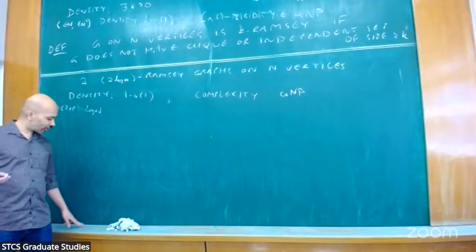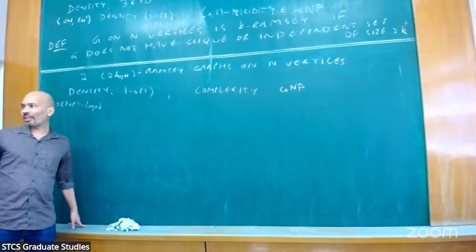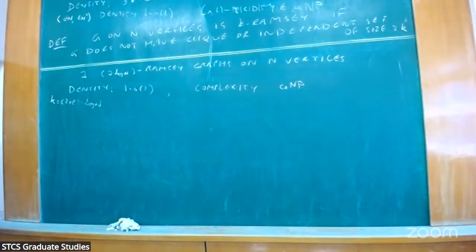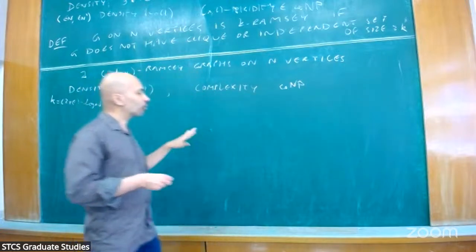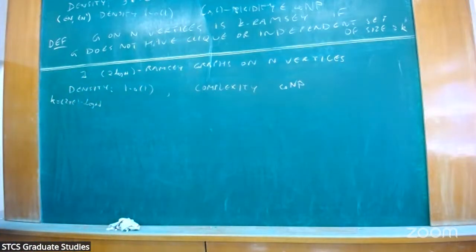The planted clique conjecture says that you can't distinguish between a random graph and a graph with a large random planted clique in it. But of course, the graph with a planted clique in it is not Ramsey, and a random graph is. So this conjecture implies that Ramsey is not in P. The planted clique conjecture is stronger than saying Ramsey is not in P. So that's at least some reason to believe that you can't do better than co-NP for polynomial algorithms.